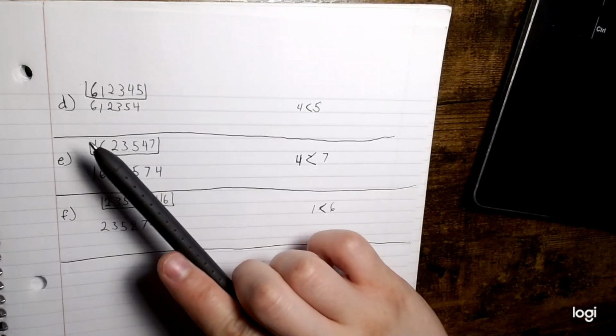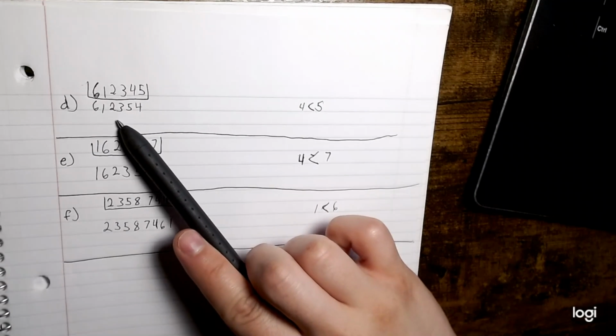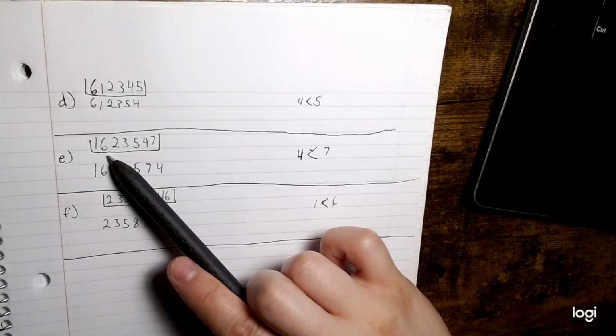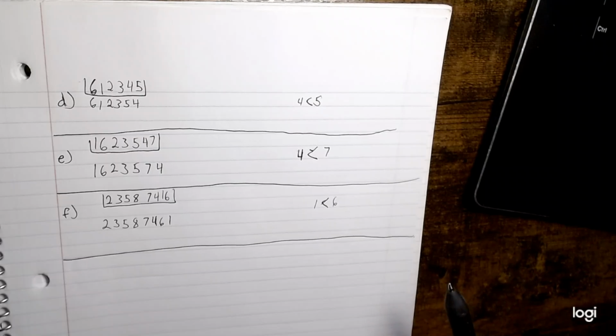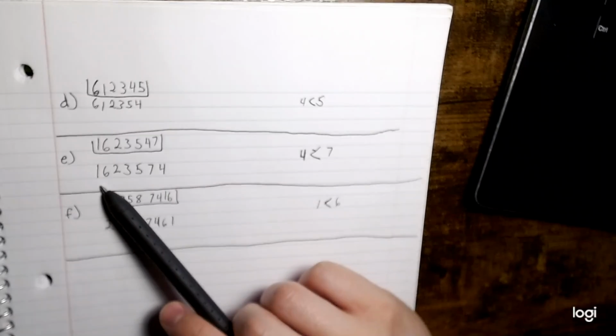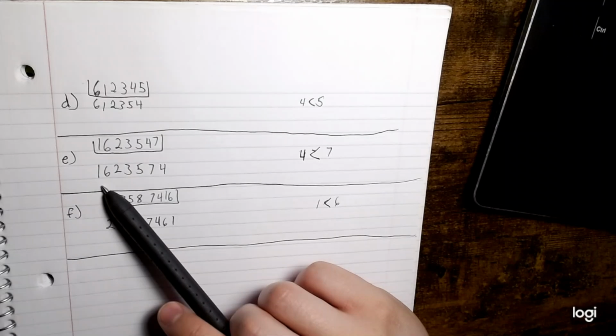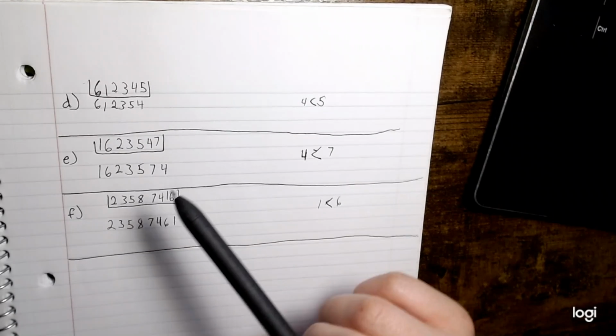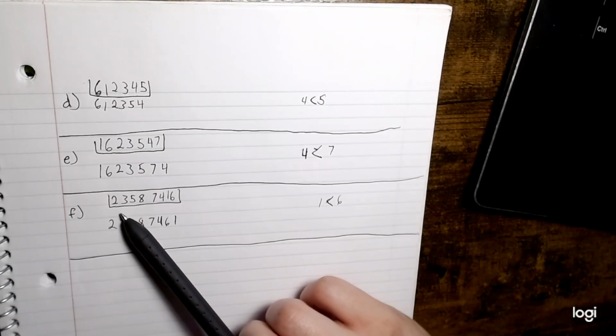The number we got now is 612,354. E, number given was 1,623,547. The number we got was 1,623,574.